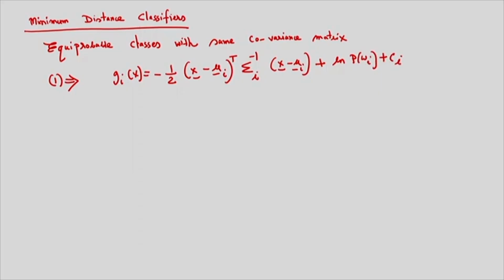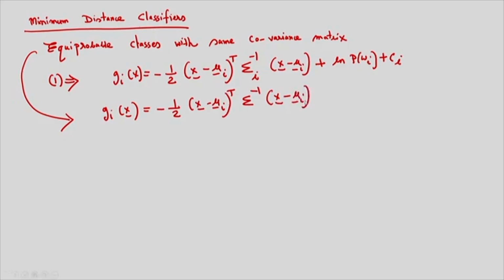In my last class I derived this expression. Now we are considering equiprobable classes with the same covariance matrix, so I can write g_i(x) simply as 1/2 (x minus mu i) transpose, the inverse covariance matrix, because the covariance matrix is the same for all the classes, times (x minus mu i). Since the classes are equiprobable, the other part is not so important.